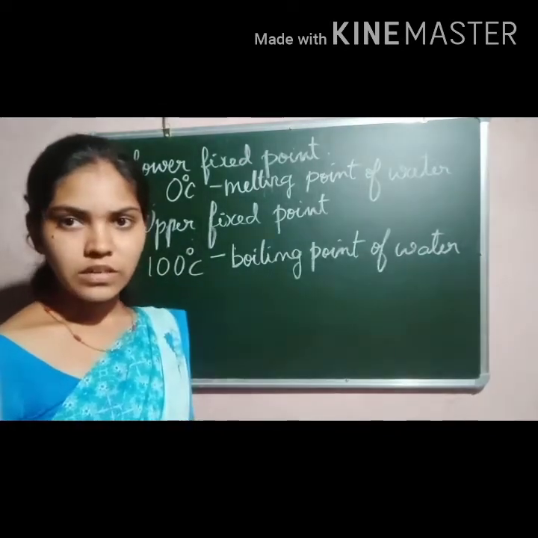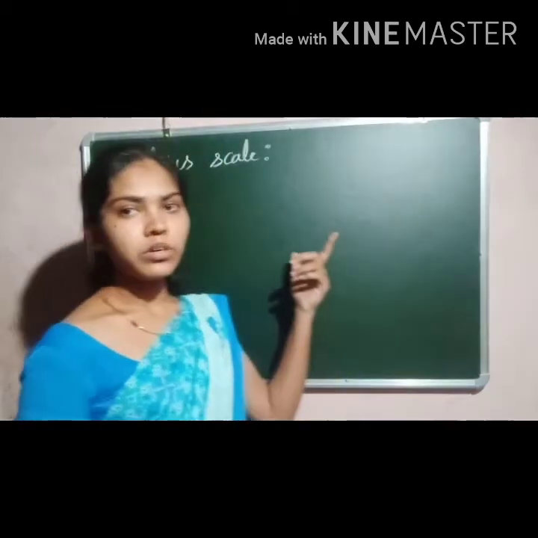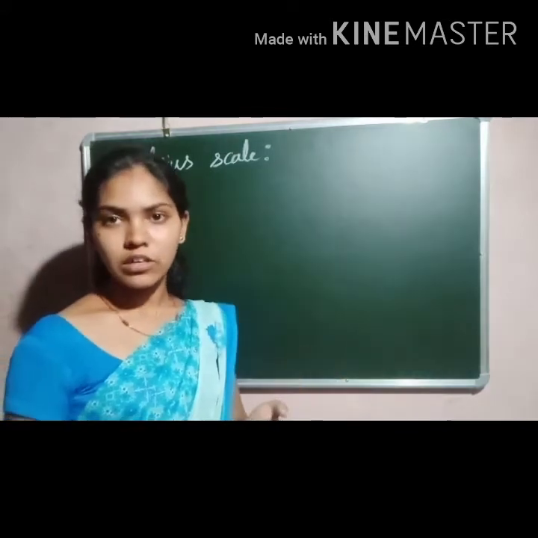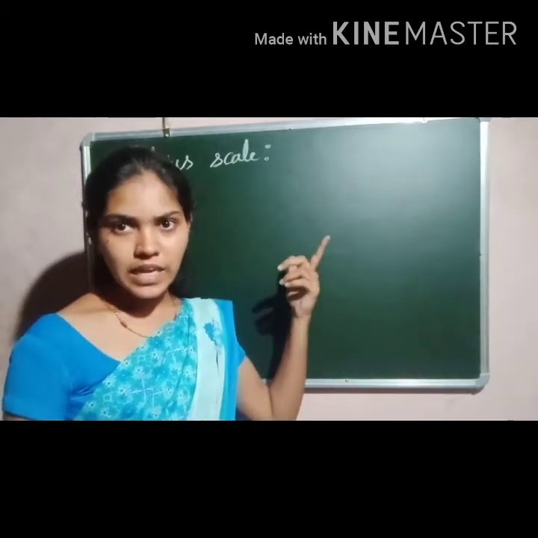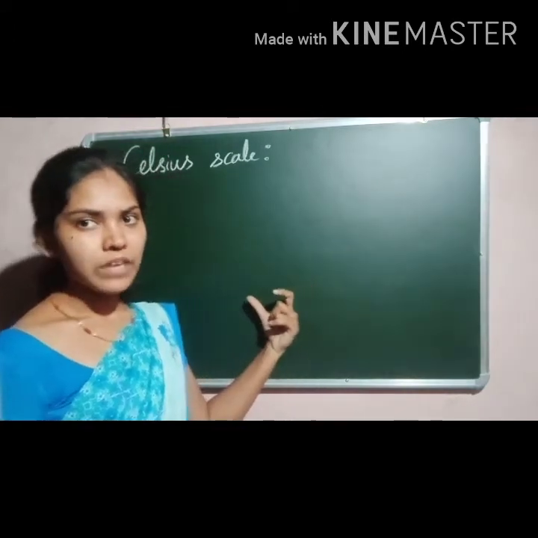Now I am going to discuss the Celsius scale. How does it look? In the Celsius scale there is one lower fixed point and one upper fixed point.